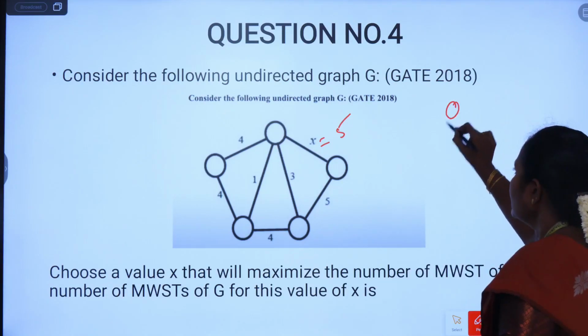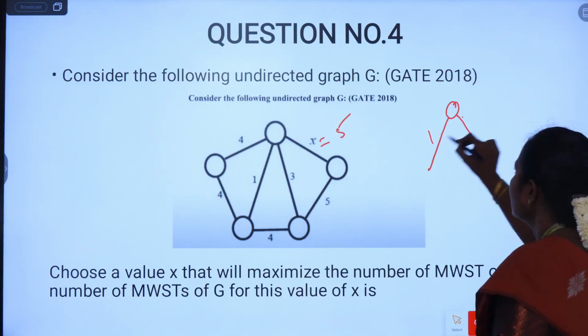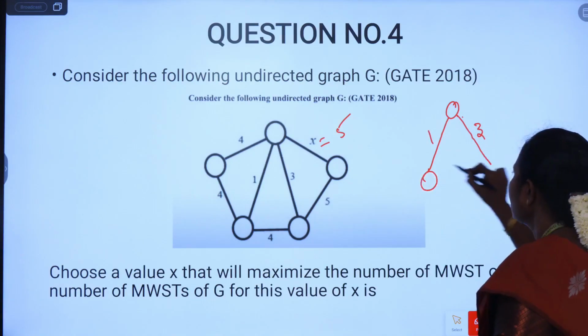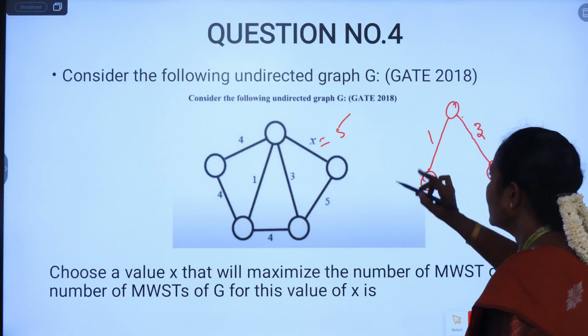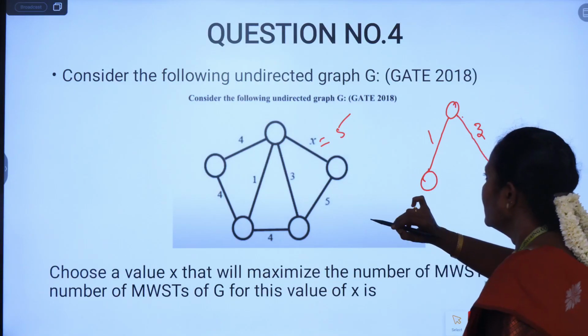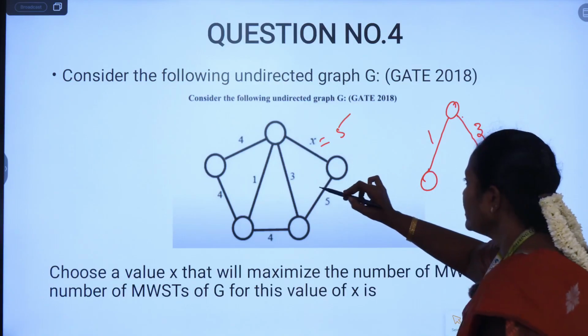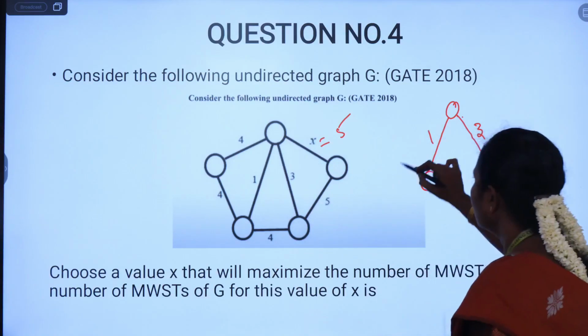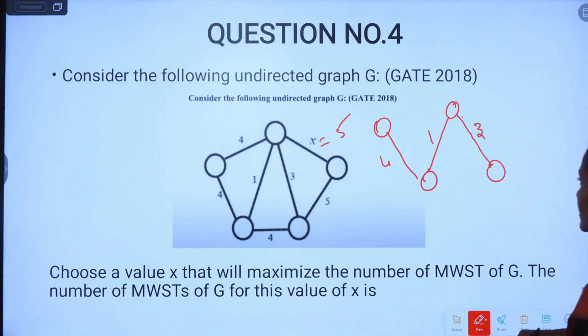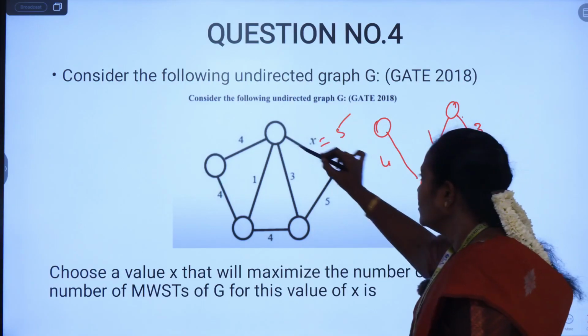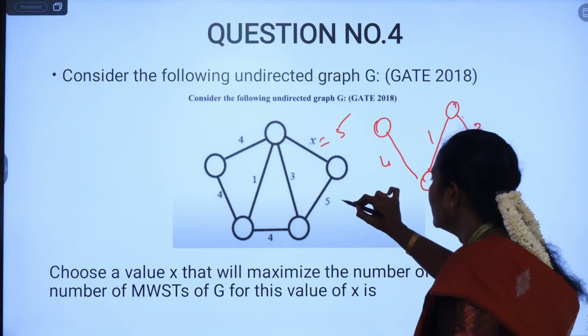One is this one, and if X is equal to 5, you can consider this one or this one. If you are considering this 4, how many vertices do you have here? 1, 2, 3, 4, 5.